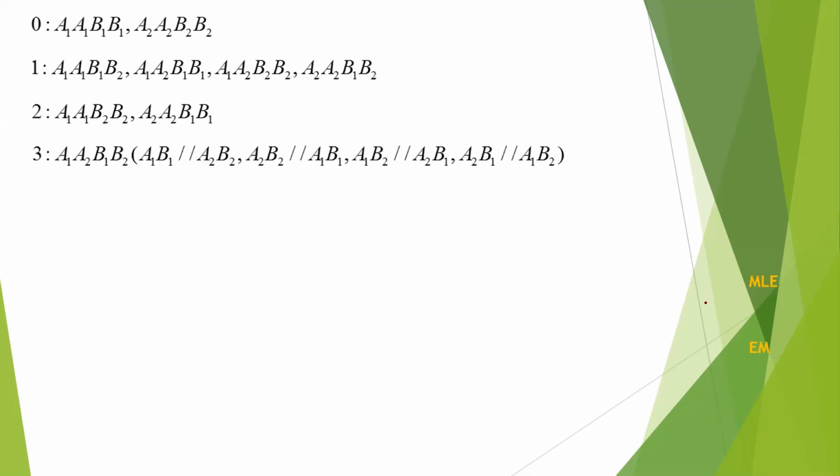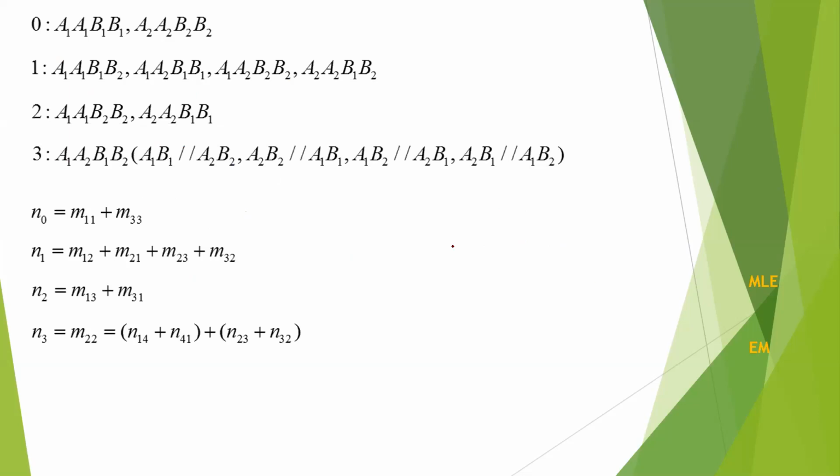Okay, so to help facilitate our calculations, we rewrite the data in a different way. So we have 9 categories here. So this is 1, 2, 3, 4, 5, 6, 7, 8, 9.